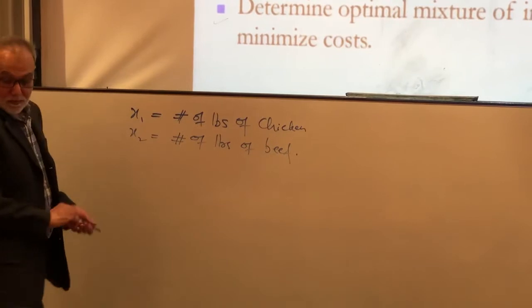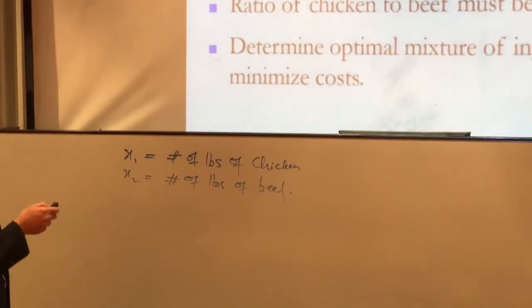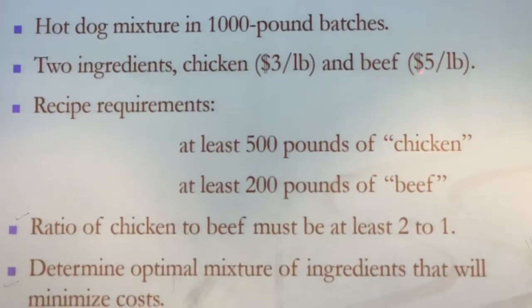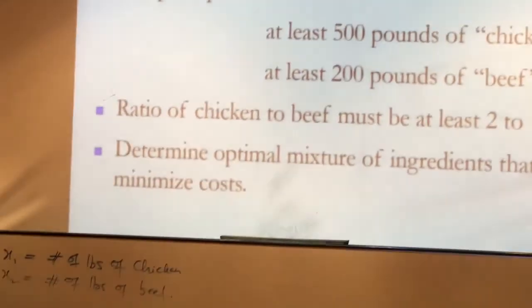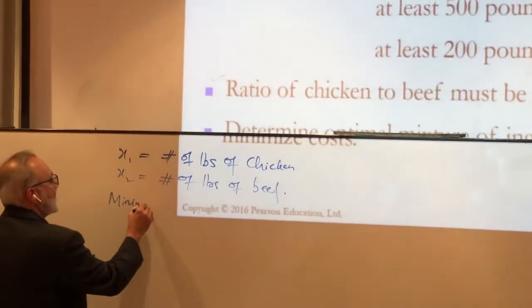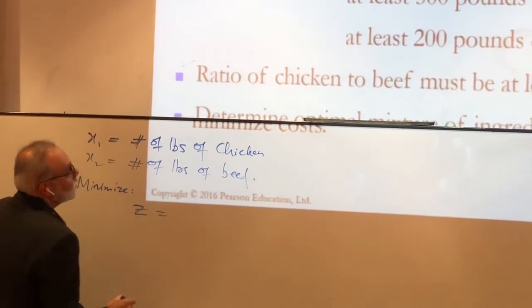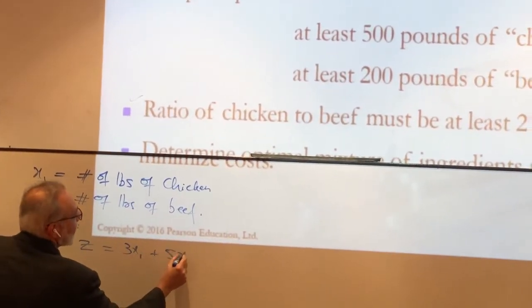Objective is to minimize costs, and the costs are given here: $3 per pound and $5 per pound. So we can write down minimize Z is equal to 3x1 plus 5x2.